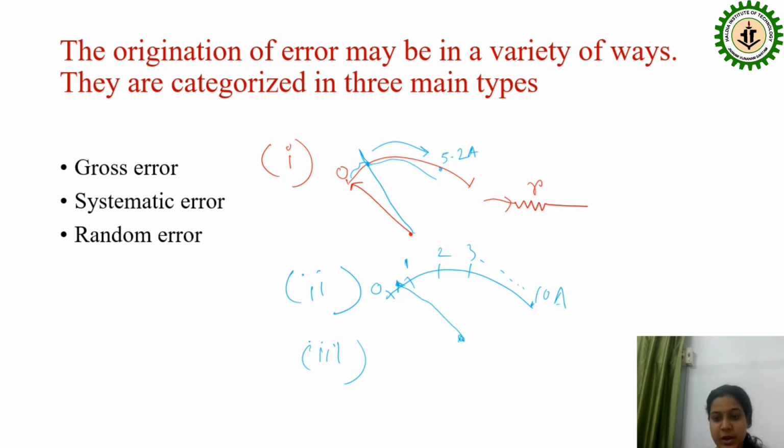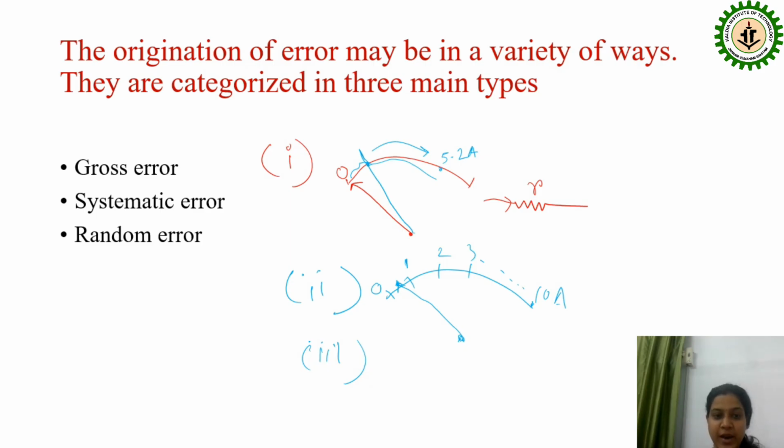Now, systematic error depends on where we perform that experiment. That depends on the temperature, humidity, pressure, etc., and also on the carelessness of the observer. Now, random error is subject to irregularity.